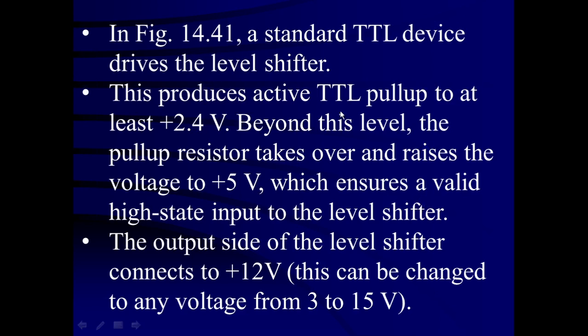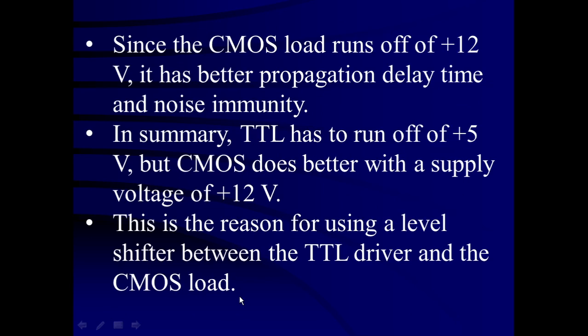This produces active TTL pull-up to at least plus 2.4 volt. Beyond this level, the pull-up resistance takes over and raises the voltage up to plus 5 volt, which ensures a valid high state input to the level shifter. The output side of the level shifter connects to the plus 12 volt. This can be changed to any voltage from 3 volt to 15 volt because it is a CMOS level shifter.